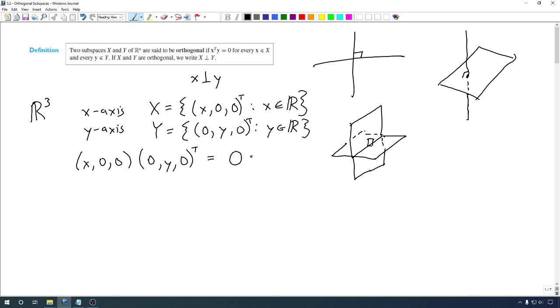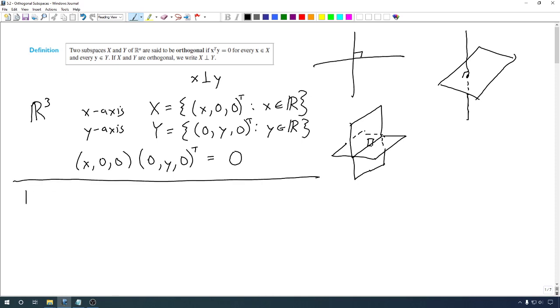Everything has a 0 in it, so we get a 0 overall. No matter which vectors we picked from X or Y, we'll always get 0. That's saying that these two are orthogonal subspaces. They are perpendicular to each other.